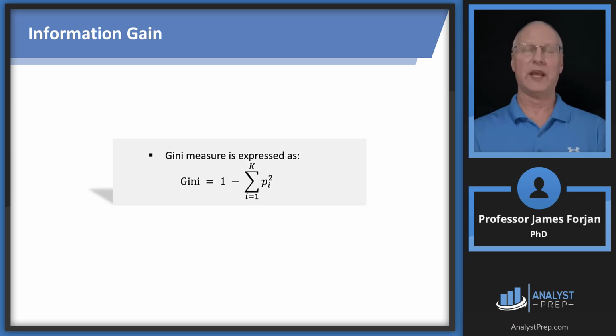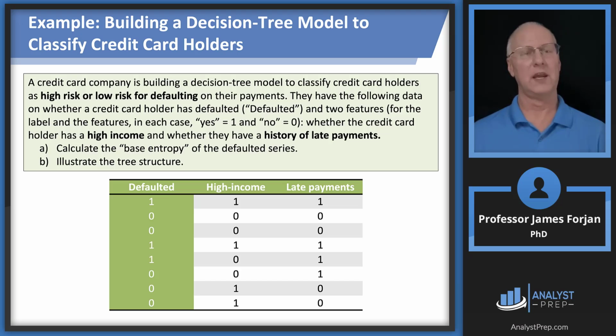What's interesting is that the reading makes a fascinating concluding statement that these two measures typically result in very, very similar outcomes. So there's not much of an advantage to using one or the other. That's why I think the reading does the Gini coefficient and asks you to do this on one of the end of reading problems. All right, so let's take a quick example here. Look at part A.